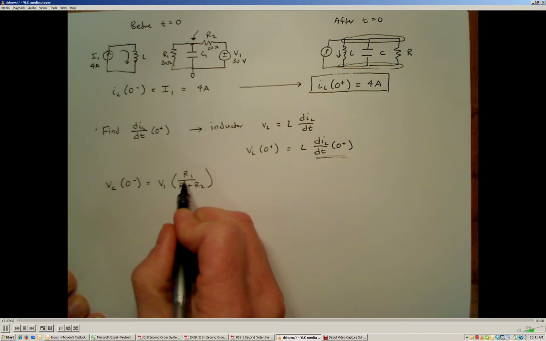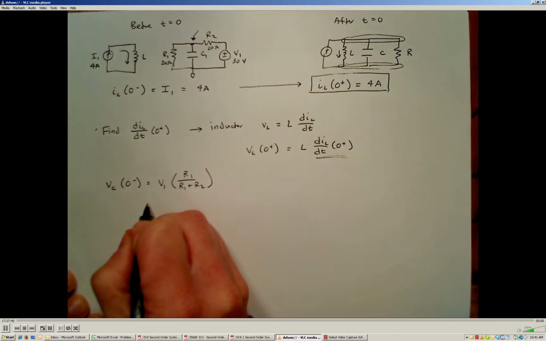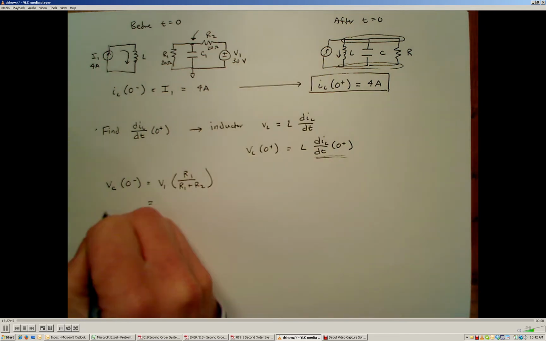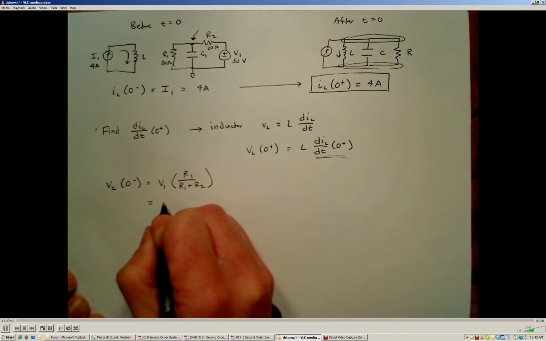Since R1 and R2 are of the same value, it's going to be half of the input value. So the initial voltage across the capacitor at time 0 is equal to 15 volts.